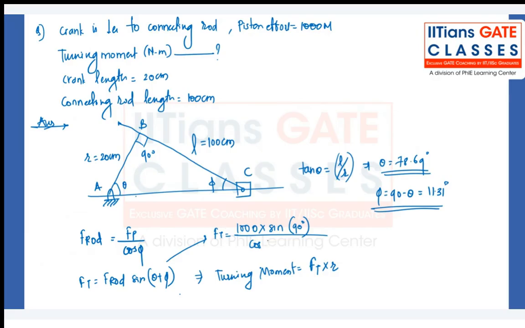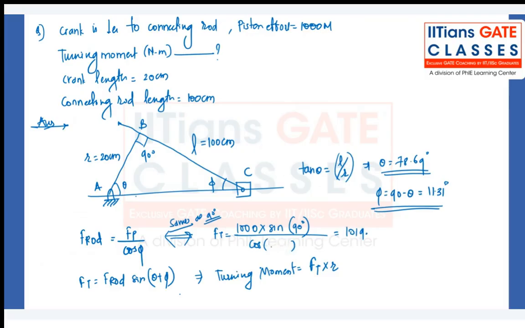So in this particular case, F rod and Ft are the same, because connecting rod and crank are perpendicular at a 90-degree angle. So you will get Ft as 1000 divided by cos of phi.